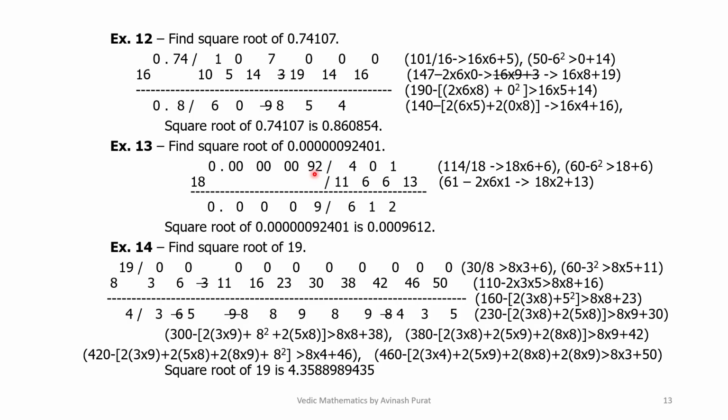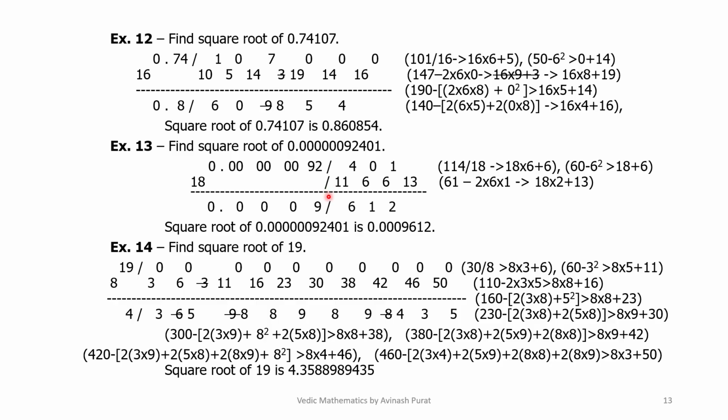So the square root is 9. 9 into 2, 18, is the divisor and 92 minus 81, 11, is the balance. 114 is the first dividend, there is nothing to be subtracted here.